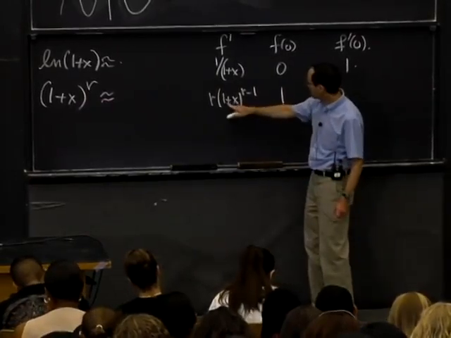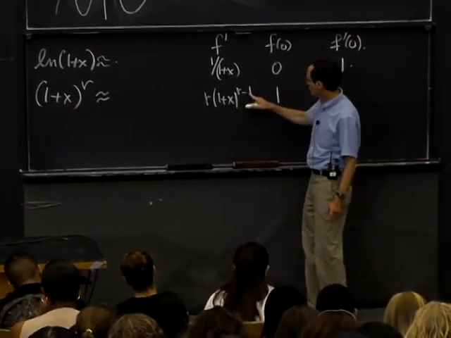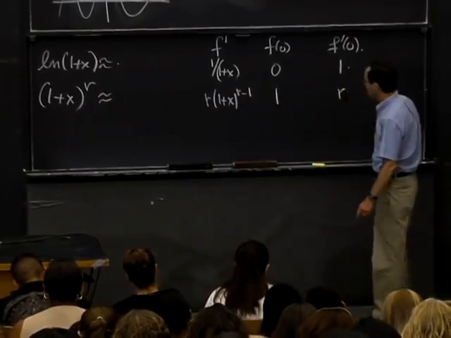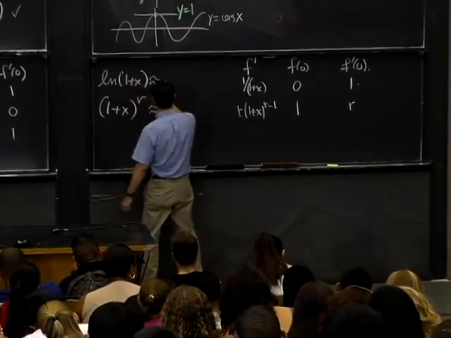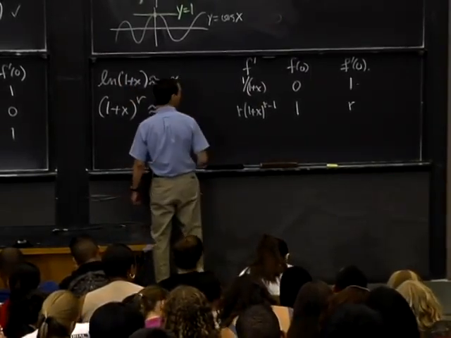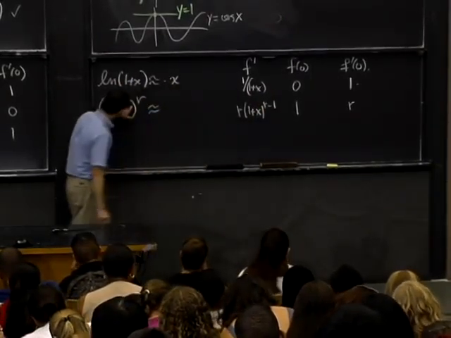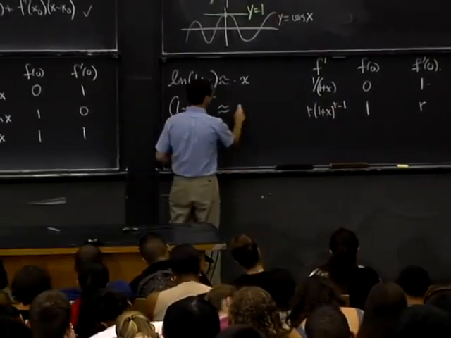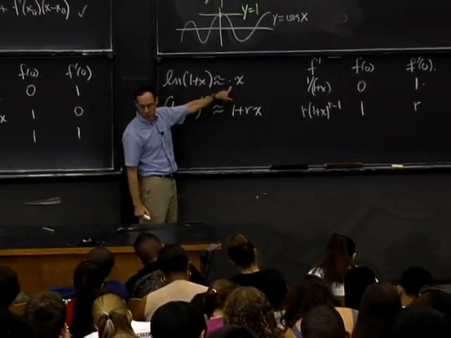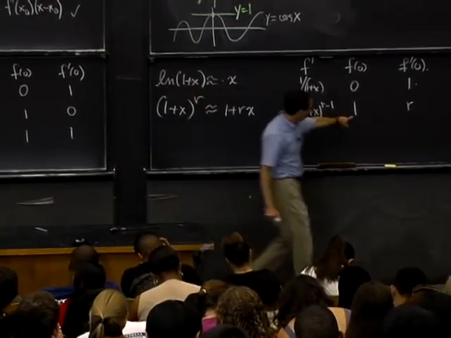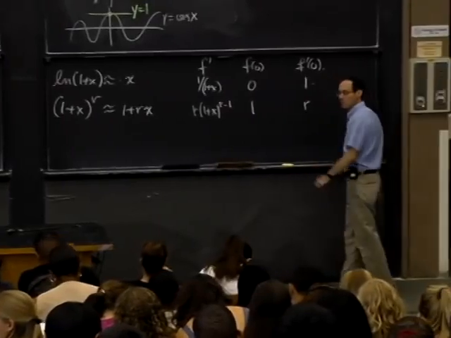And f prime of 0 is r times 1 to the r minus 1, which is r. So the corresponding statement is that log of 1 plus x is approximately x, and 1 plus x to the r is approximately 1 plus rx. That's 0 plus 1 times x, and here we have 1 plus r times x.